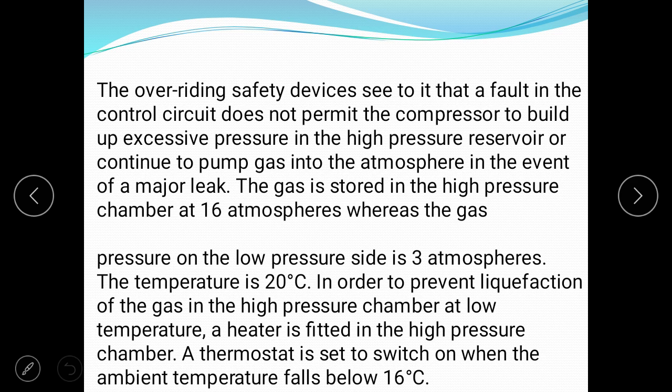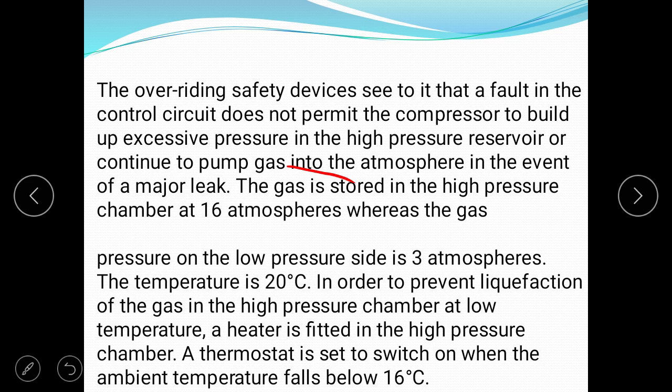So the overriding safety devices see to it that a fault in the control circuit does not permit the compressor to build up excessive pressure in the high pressure reservoirs or continue to pump gas into the atmosphere in the event of a major leak.